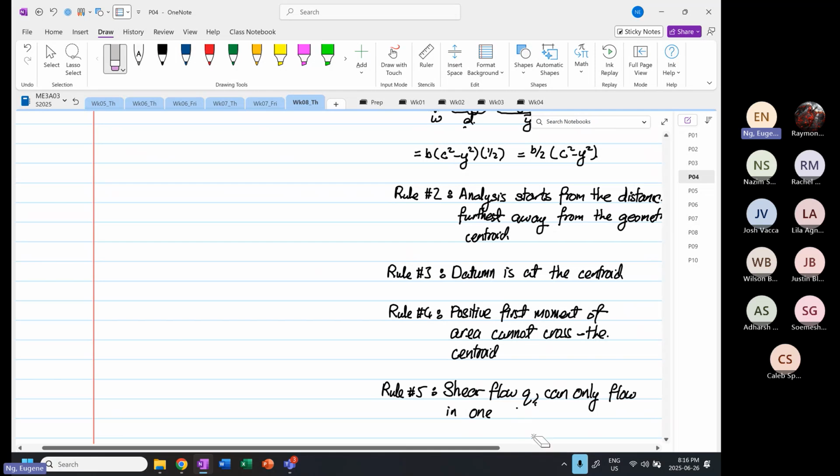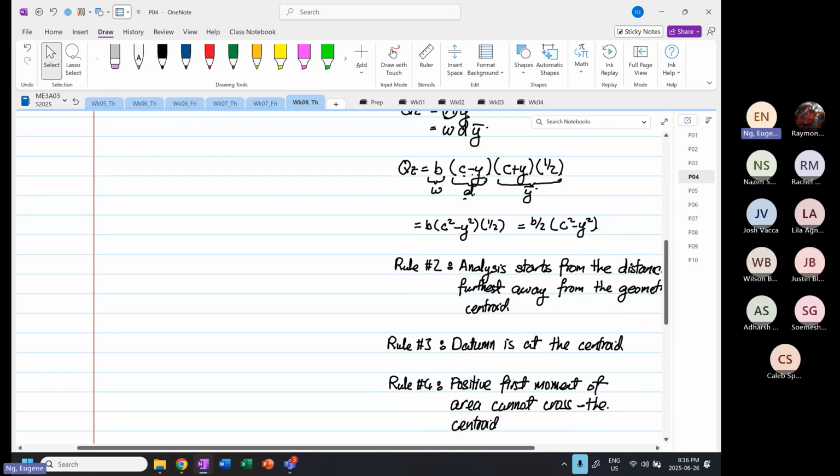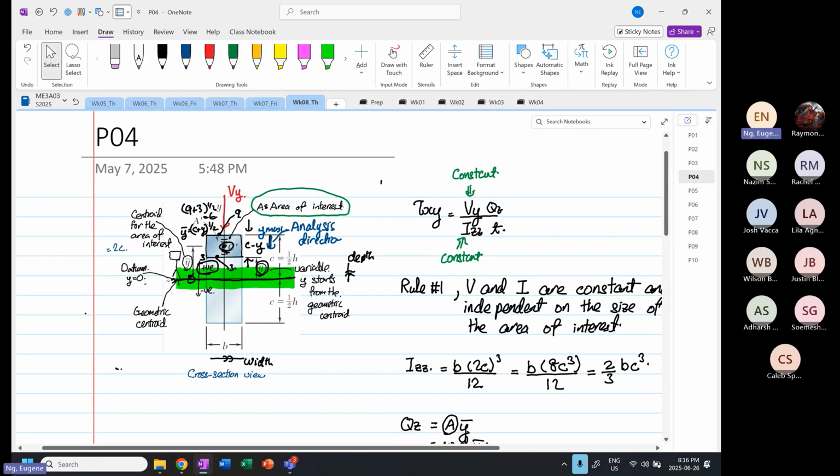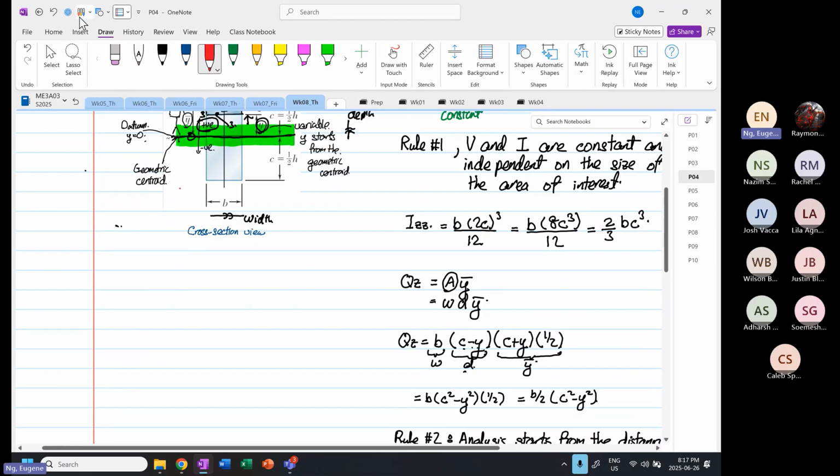So I know it's a bit of a mess, I'm going to copy this diagram again. Let me see if I paste what happened.